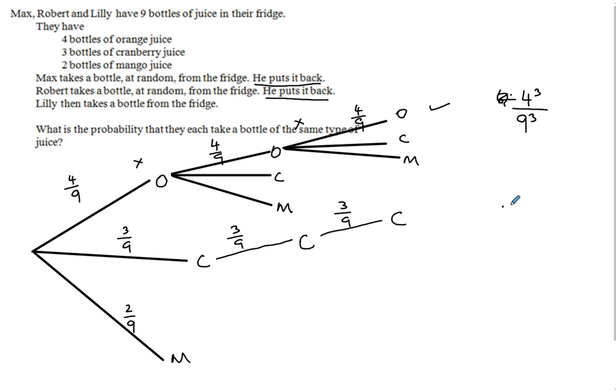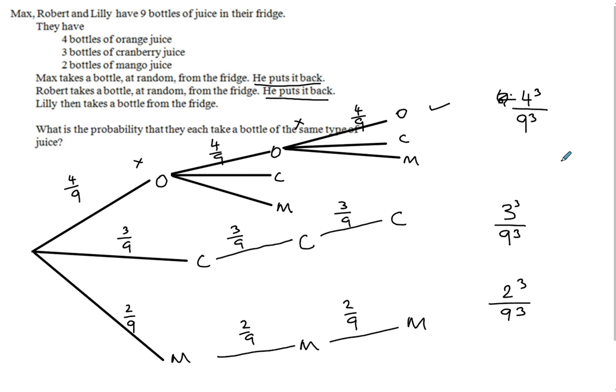So here we can just show it as 3 cubed over 9 cubed, because you'd just be going 3 times 3 times 3 over 9 times 9 times 9. Yeah, and the mango would be 2 9ths times 2 9ths times 2 9ths, which would be 2 cubed over 9 cubed.